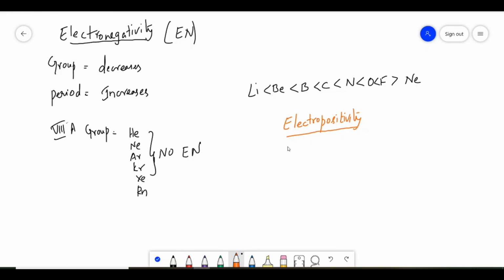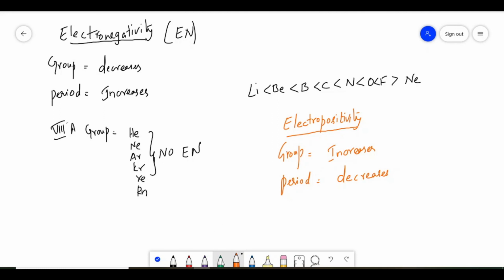In a group, electropositivity increases, and in a period, electropositivity decreases. That's all. And this also depends on the nuclear charge and atomic radius. These are some factors affecting electropositivity.